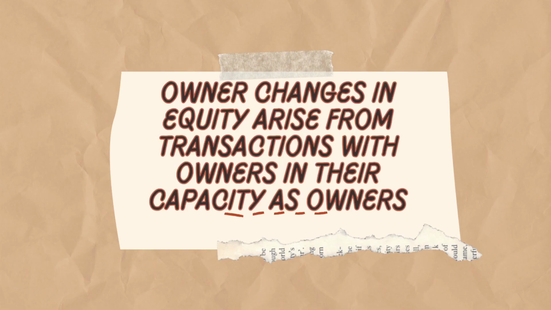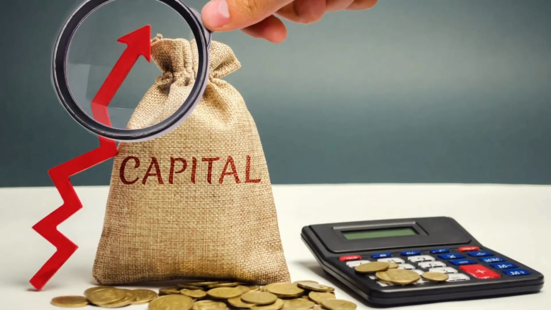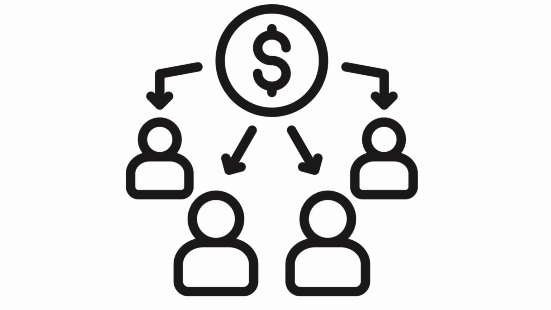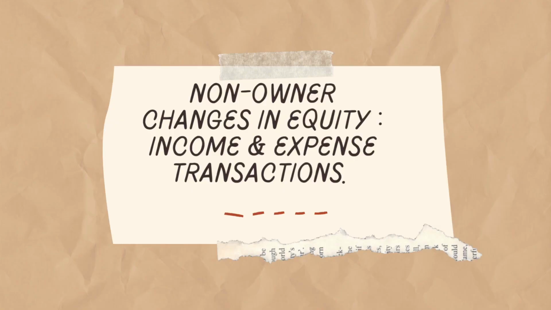Owner changes in equity arise from transactions with owners in their capacity as owners. They incorporate contributions to capital by owners, which increases equity, and distributions to owners, which decreases equity. Non-owner changes in equity arise from income and expense transactions.